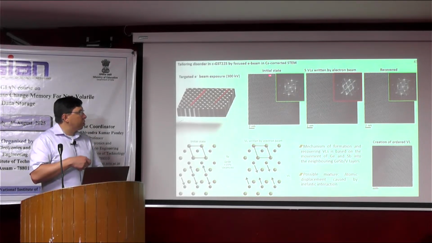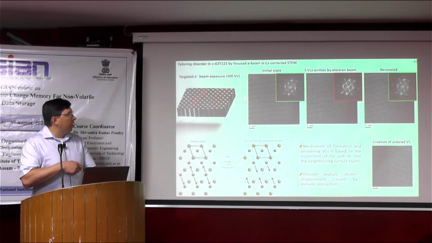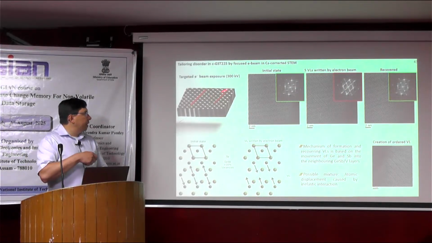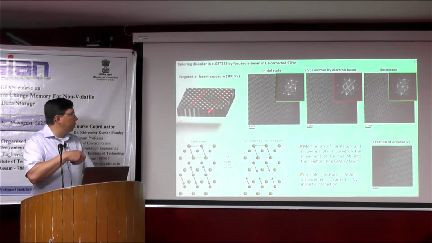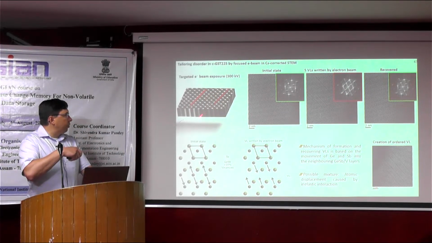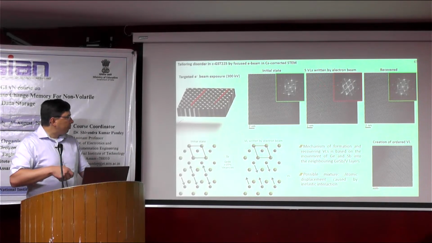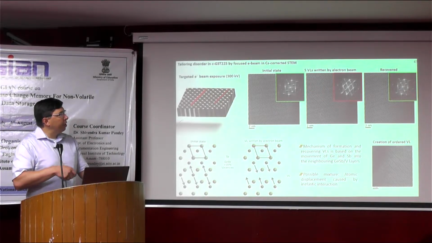It's nicely shown here. This is the lattice before irradiation. It shows a typical FFT pattern with main reflections. And here, after the irradiation with the local beam, the structure changes, and we can see the formation of these dark lines. These are the vacancy layers.